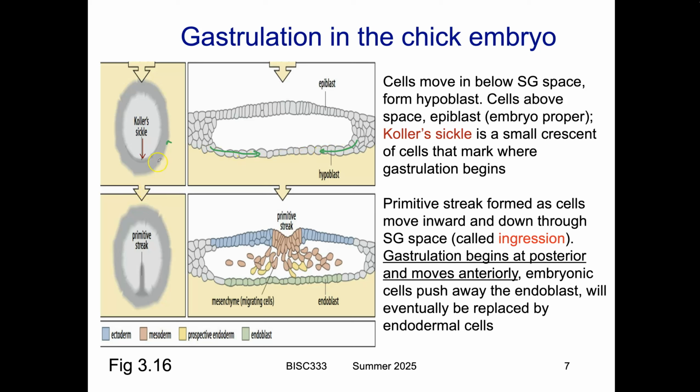Okay, and one of the first things that you can see just before gastrulation starts, though it's probably not very clear in the diagram, is this little crescent of cells in the posterior, thickest at the bottom. That is referred to as Koller's sickle because of that crescent moon shape, and that's where gastrulation is going to begin.